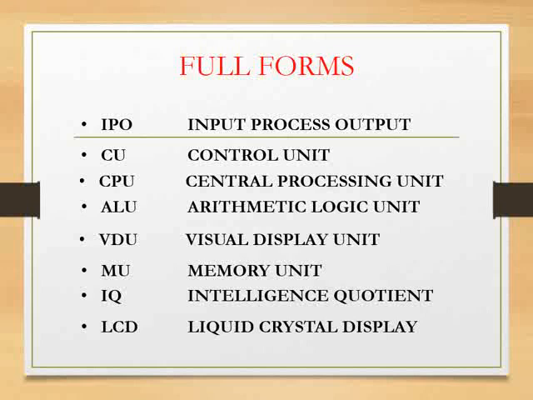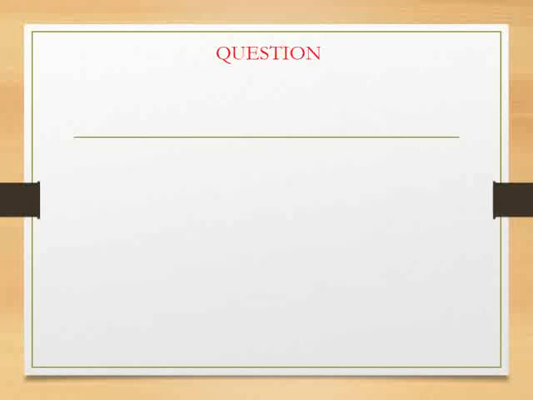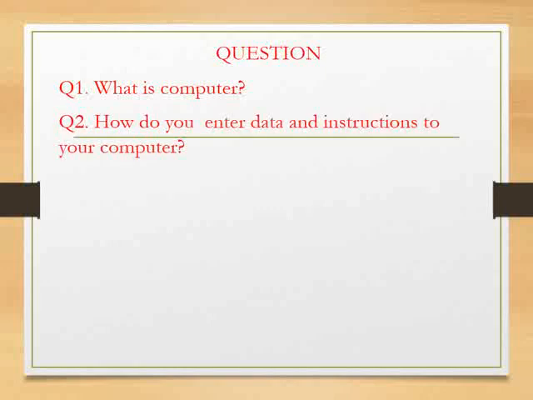Very good. Now let's discuss few questions. What is computer? Computer is a machine that works on IPO cycle. It means it takes the input, processes it and gives us output. Next, how do you enter the data and instructions to your computer?